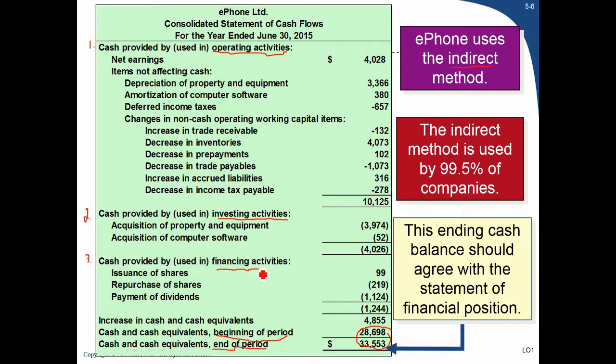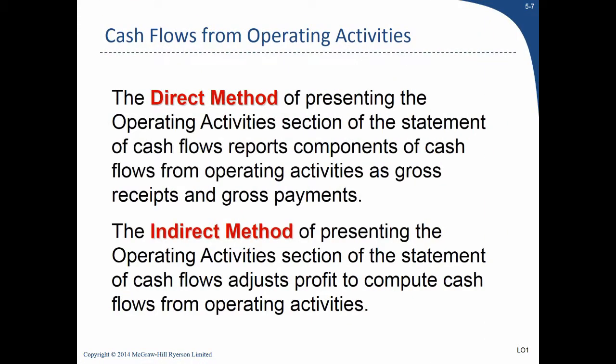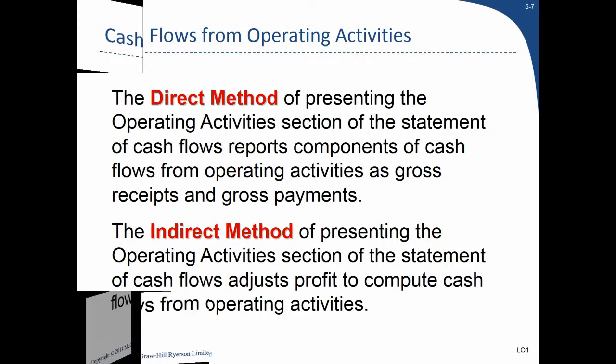Okay, you can see that segmentation. So this just goes over kind of like the definition of how you get direct versus indirect method. Again, you don't really need to know the difference here. Our focus is on the indirect method.